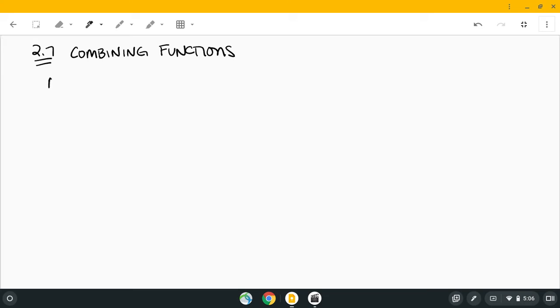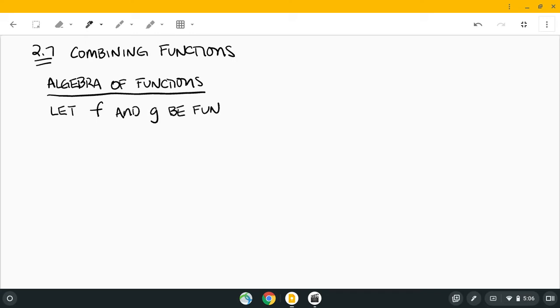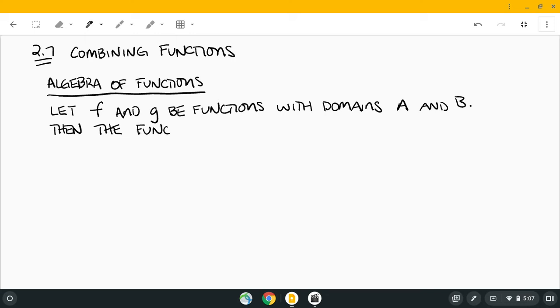Okay, so algebra of functions. Let f and g be functions with domains A and B. Then the function operations are defined as follows.